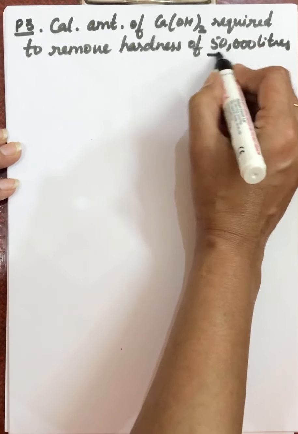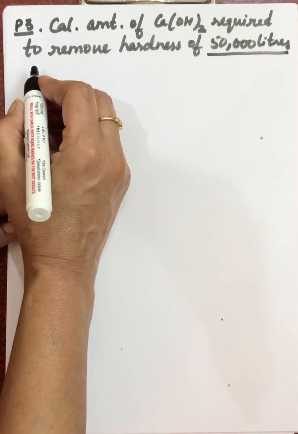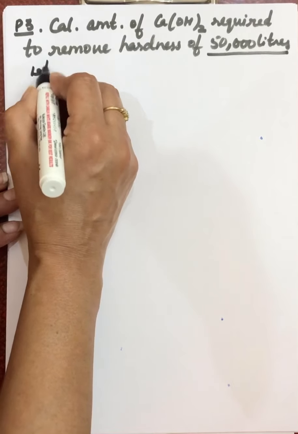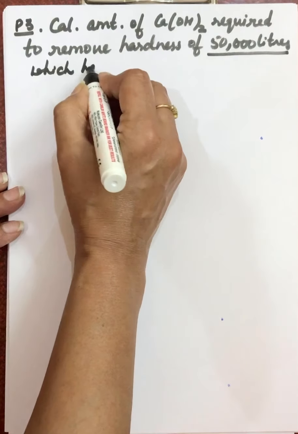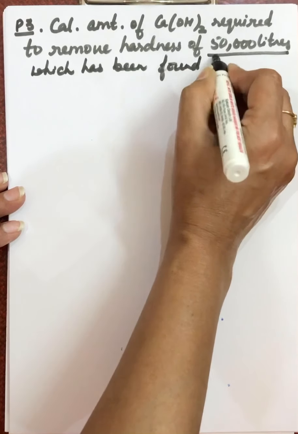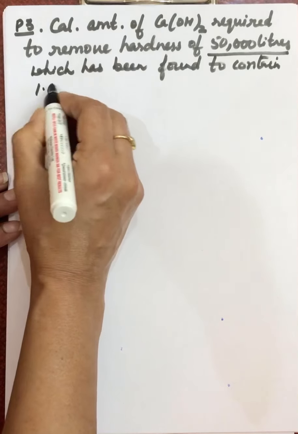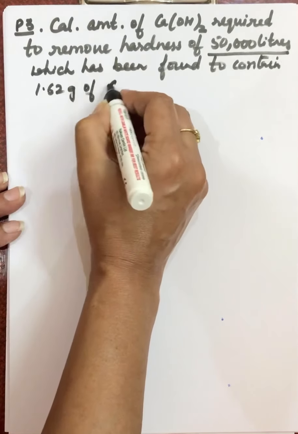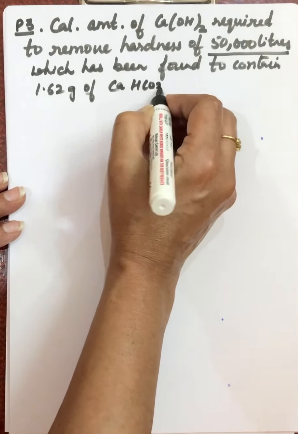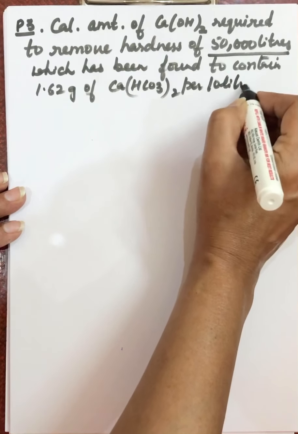The water is hard, and that hardness of water is because of the calcium bicarbonate given in the question, which has been found to contain 1.62 gram of calcium bicarbonate per 10 liter.